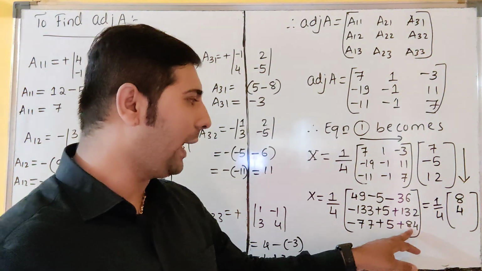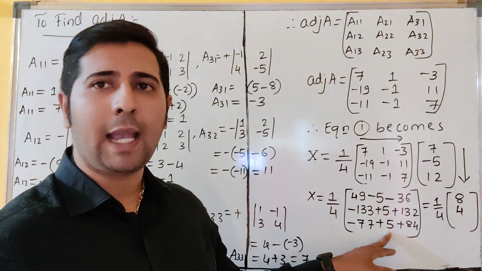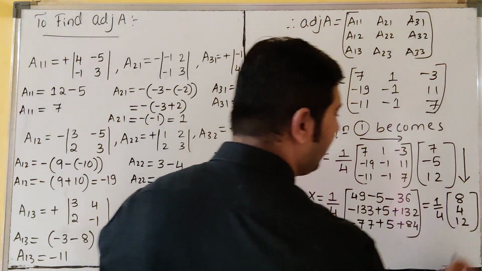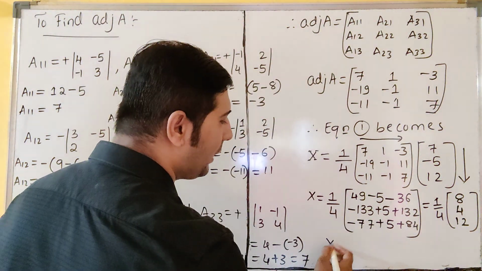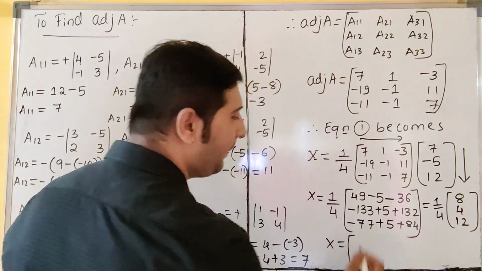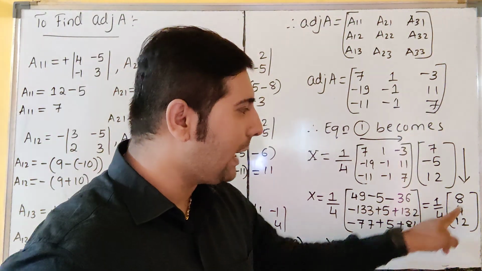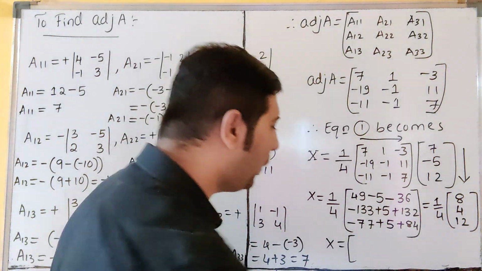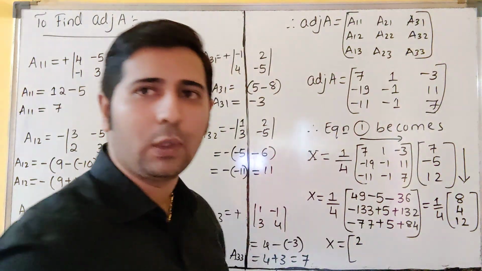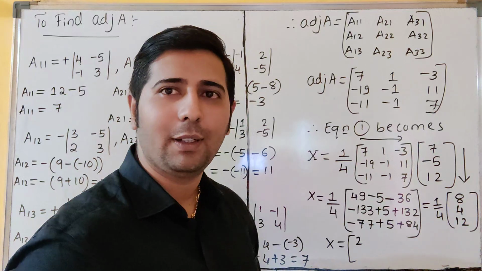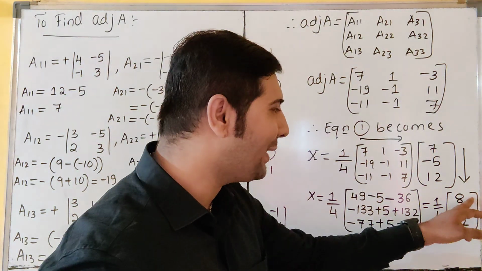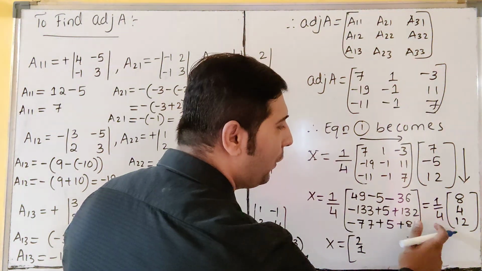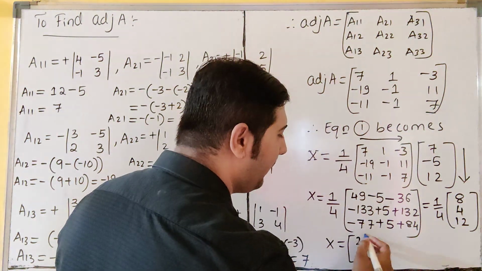Now 84 plus 5 is 89. 89 minus 77 is 12, dear students. So now you multiply inside. 4 ones are 4, 4 twos are 8... 4 ones are 4, 4 threes are 12. You know the 4 tables, I think.